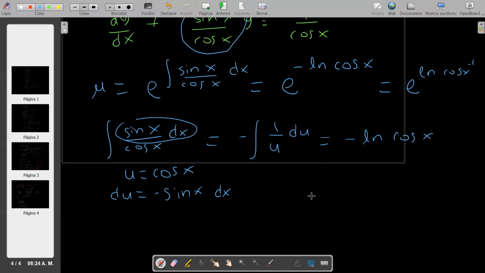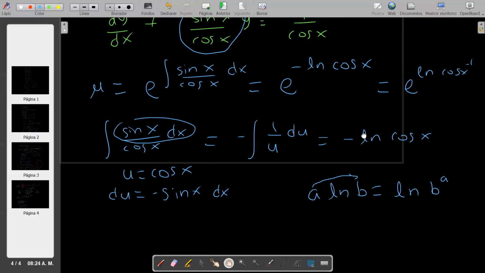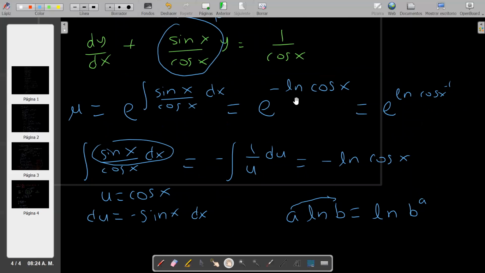Whenever you have something like a times log of v, this will be log of v to the a. This coefficient moves as a power. E to the negative 1 times log of cosine of x is e to the log of cosine of x to the negative 1.